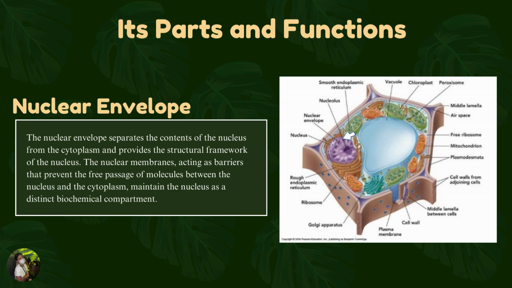The nuclear envelope separates the contents of the nucleus from the cytoplasm and provides the structural framework of the nucleus. The nuclear membranes act as barriers that prevent the free passage of molecules between the nucleus and the cytoplasm, and maintain the nucleus as a distinct biochemical compartment.